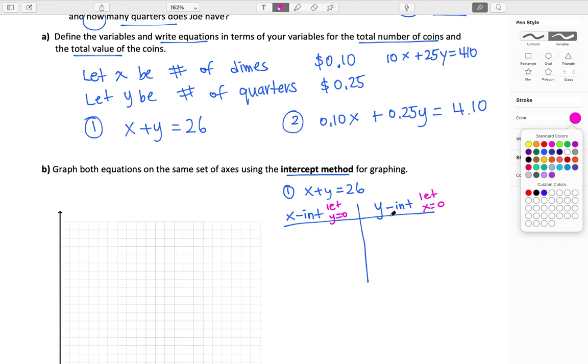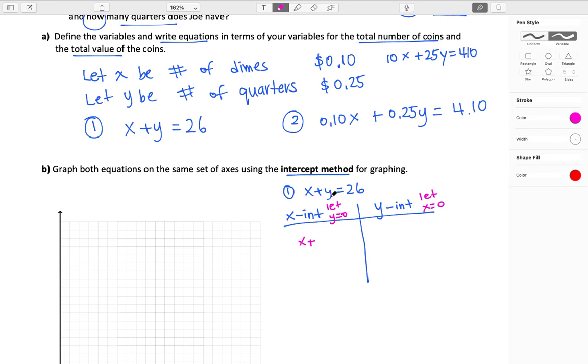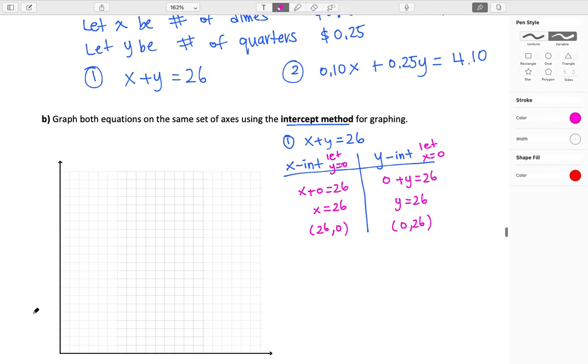So now that we know this, I'm going to plug in y as 0. So it looks like x is 26. So my intercept is 26, comma 0. For y-intercept, I'm going to let x equal 0. And it looks like y is 26. So 0, comma 26. So this was pretty straightforward.